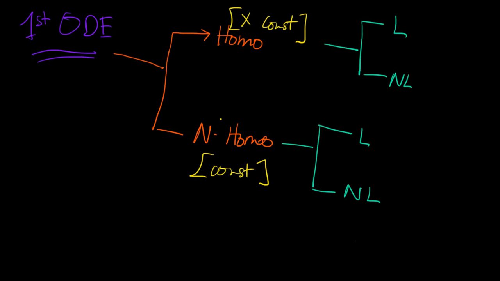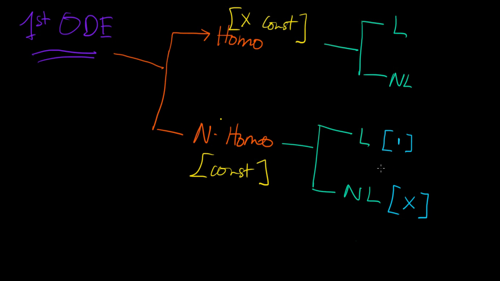Let me put this. Now the method of solving. For non-homo linear, let me put this as method 1. This method is very important. For non-homo non-linear, you won't be learning it.